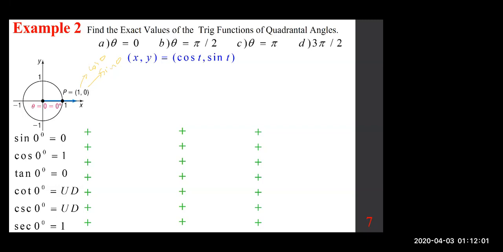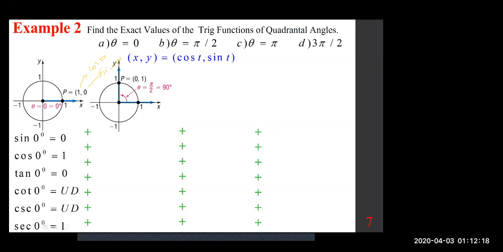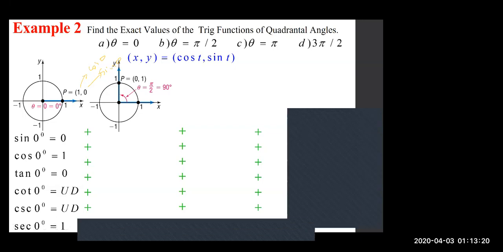For the sake of argument, if you are looking at part B, theta equals pi over 2, that means we are looking at this circle, right? So let's give everybody a quick moment. See if you can figure out all trigonometric functions. Okay, so let's quickly pause this for a moment.